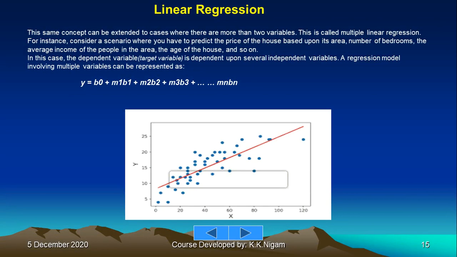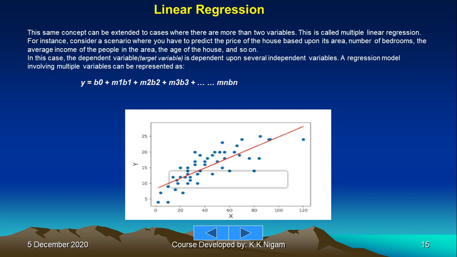Now the same concept can be extended to cases where there are more than 2 variables. This is called multiple linear regression. For instance, consider a scenario where we have to predict the price of the house based upon its area, number of bedrooms, the average income of the people in the area, and other factors like age of the house and so on.